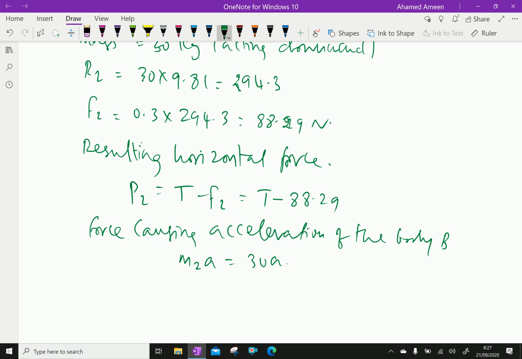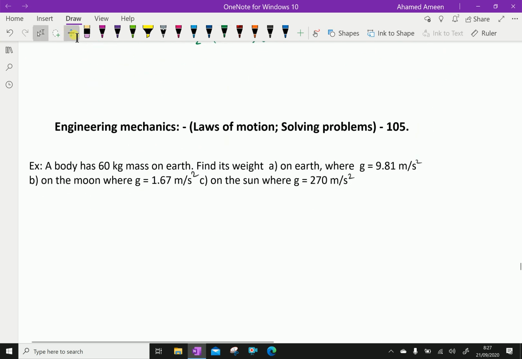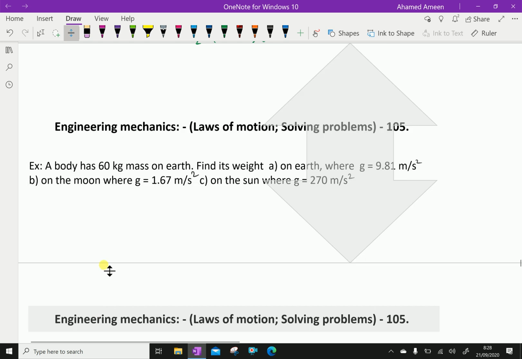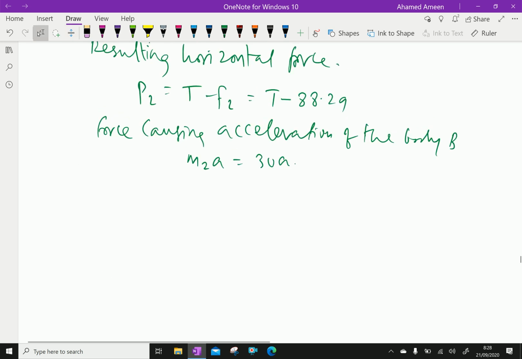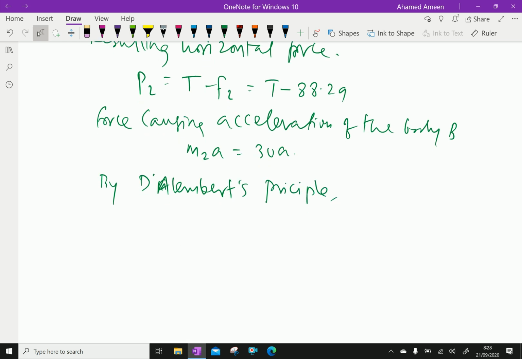Now by D'Alembert's principle, P2 minus M2a equals 0.